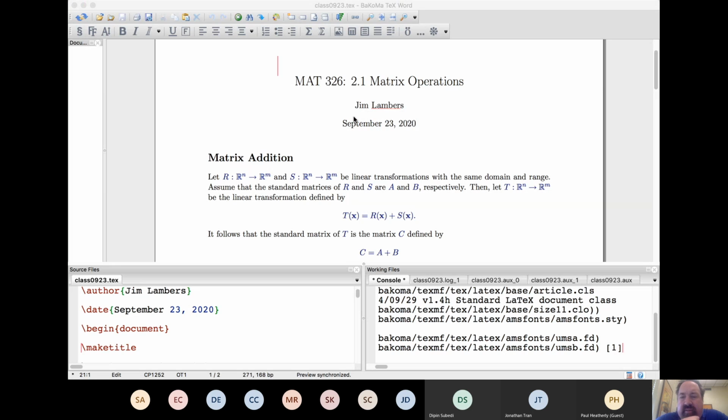Now, we're probably not going to have a very long class today, just because what I have in my schedule is to start covering the next material, which is section 2.1. So we're getting a new chapter on matrix operations. And I've already made up a homework for that section 2.1.